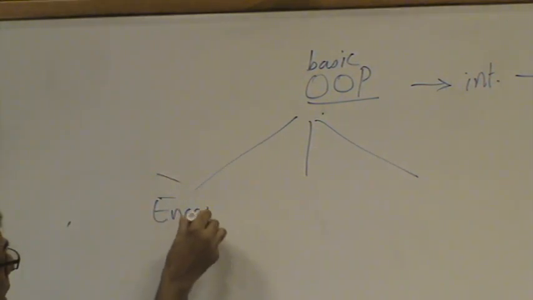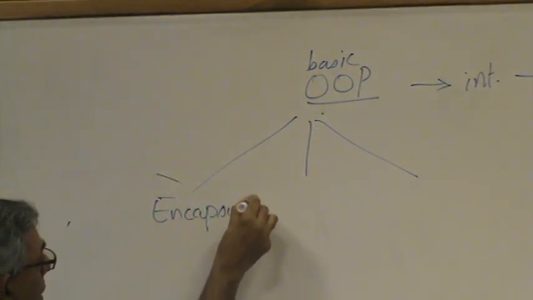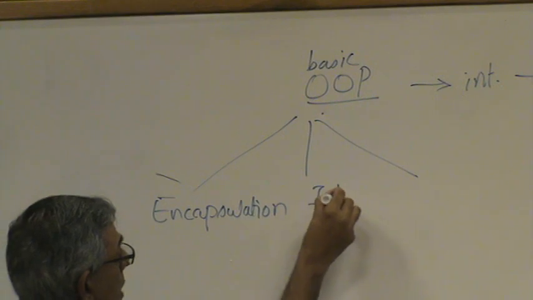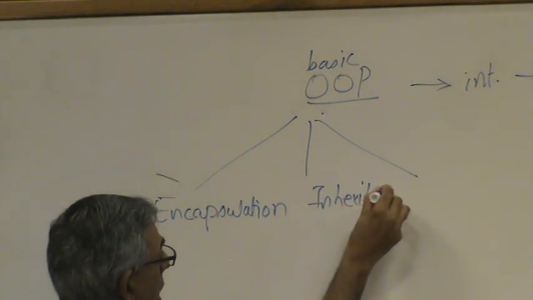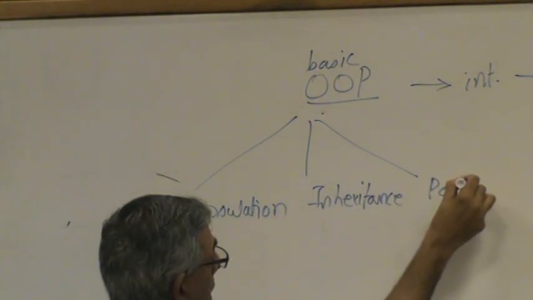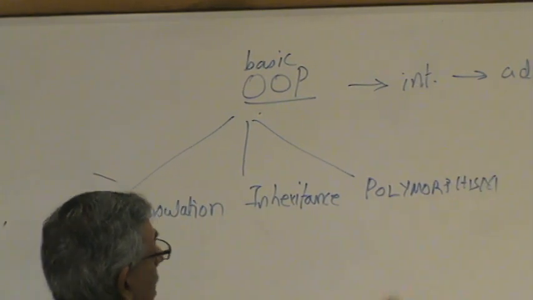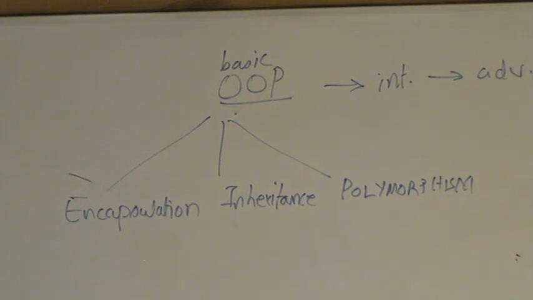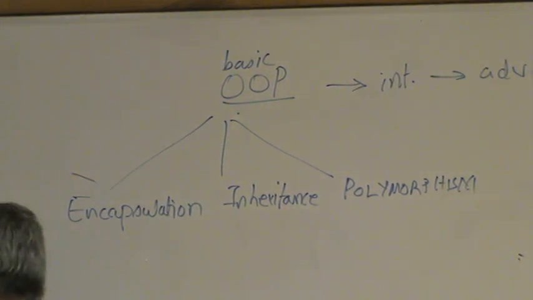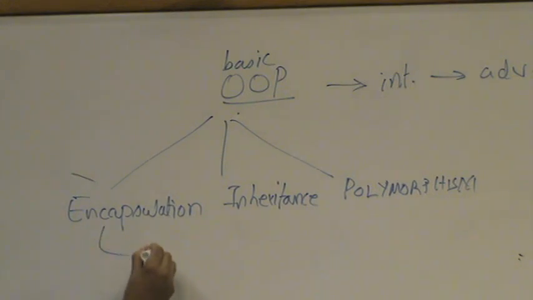And what are those? Encapsulation, inheritance, and polymorphism. So today, let me try to finish the basic object-oriented programming so that we can start looking at more interesting things. Okay, so encapsulation was basically creating classes.